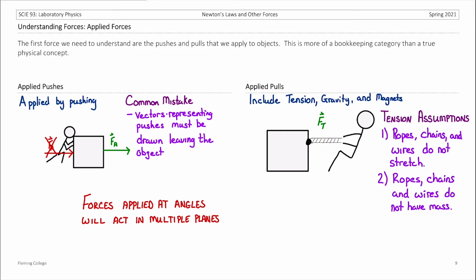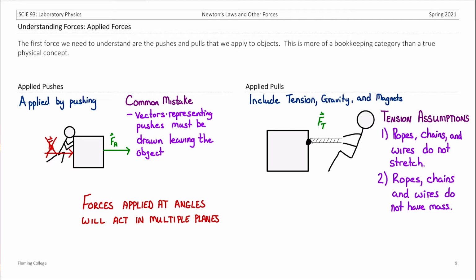Similarly, while we showed the force applied as a push as being horizontal, often what happens is you even push down a little bit on the box as you push. If your force is said to be applied to the box, you can assume horizontal until you're told an angle.